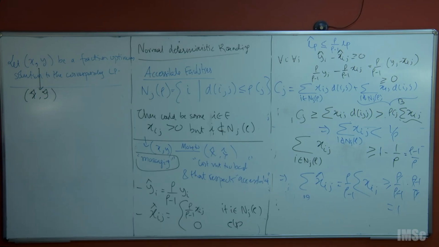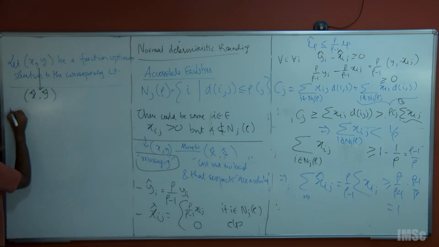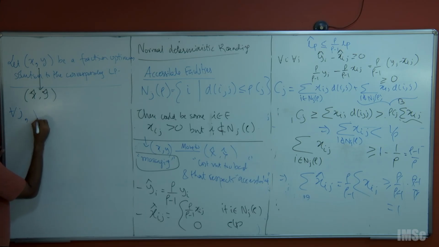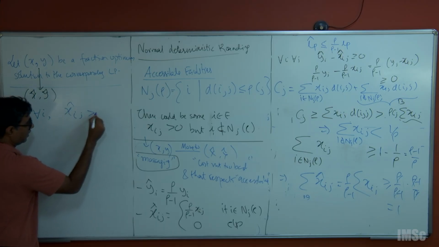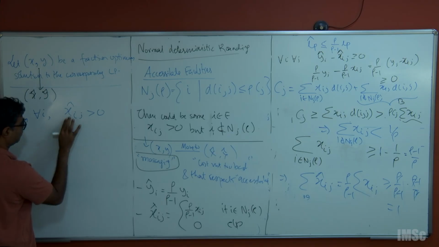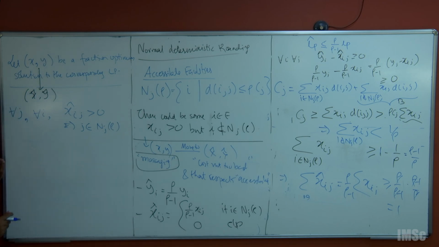So now it tells us the massage solution, and what is a good property of the massage solution? The good property is that for each client j, for all i, xij hat is greater than or equal to 0 implies j belongs to Nj of rho, right?